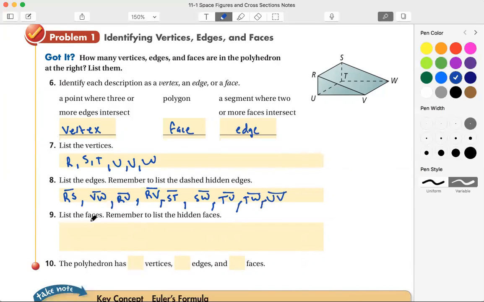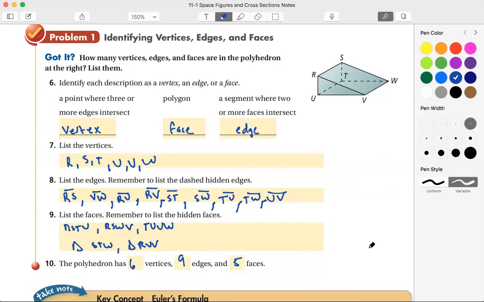The faces: quadrilateral RSTU, quadrilateral RSWV, and quadrilateral TUVW, and then triangle STW and triangle RUV. So the polyhedron has 6 vertices, 9 edges, and 5 faces.